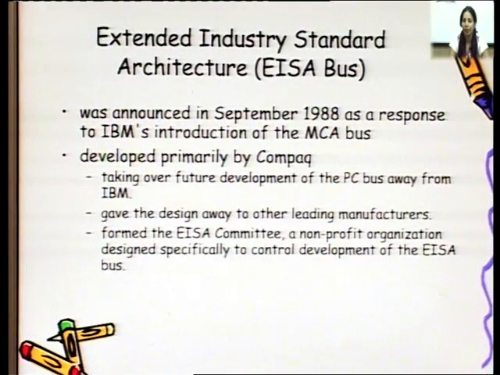Then you have the EISA bus. It was announced in September 1988 as a response to IBM's introduction of the MCA bus. It was developed primarily by Compaq, taking the future development of the PC bus away from IBM; they gave the design away to other leading manufacturers and formed the EISA committee, a non-profit organization designed specifically to control the development of the EISA bus.